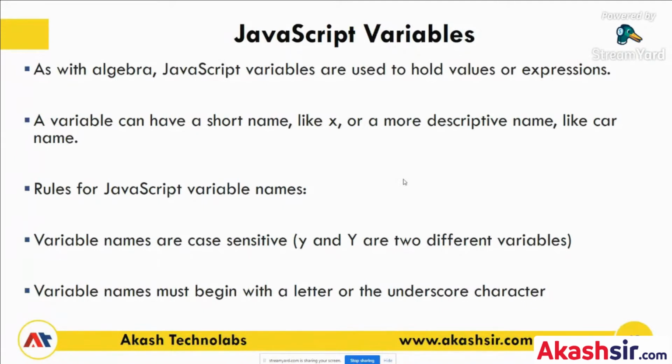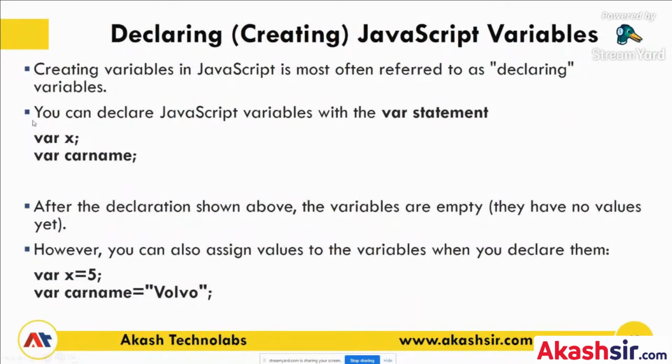If you want to store some value for further operations, we have to define variables. For example, I want to do a summation of two numbers. To store the value, we have to define variables. This is a simple example of variable declaration.